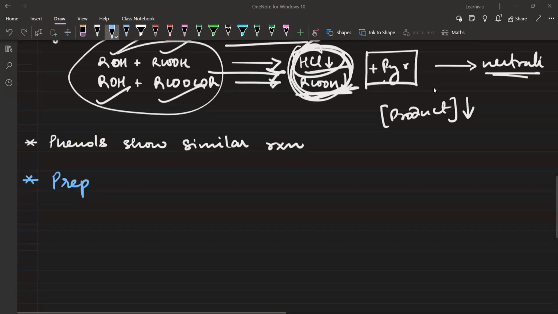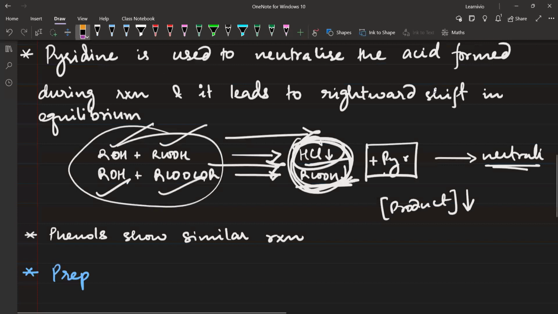This is the common salicylic acid. I will draw C double bond O, C double bond O, and this is acetic anhydride.